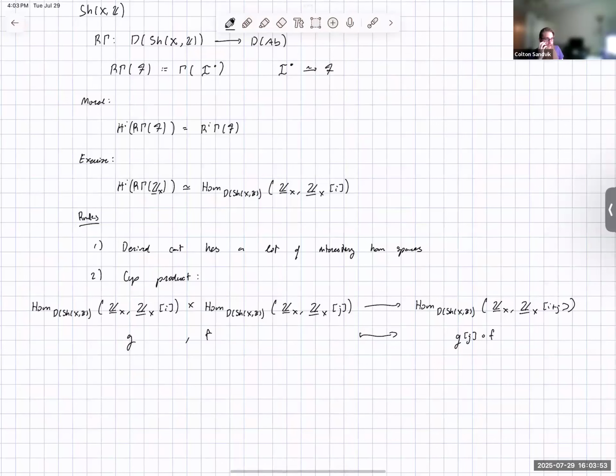So composition corresponds with the cup product. So that's kind of neat.